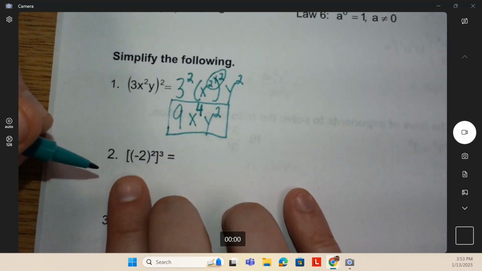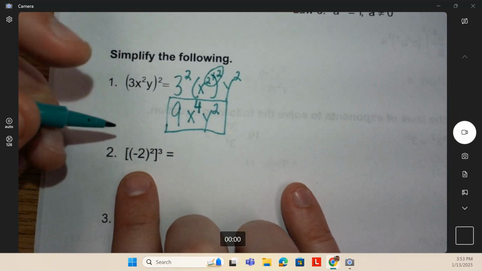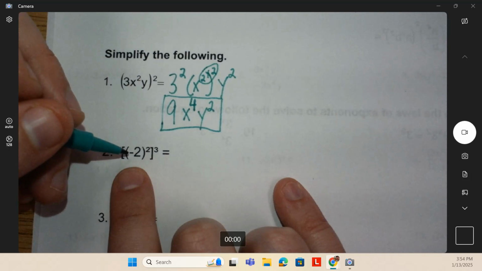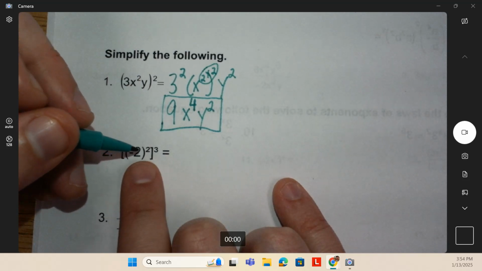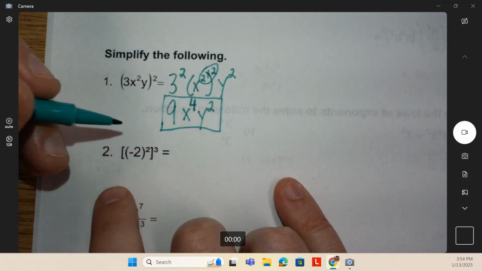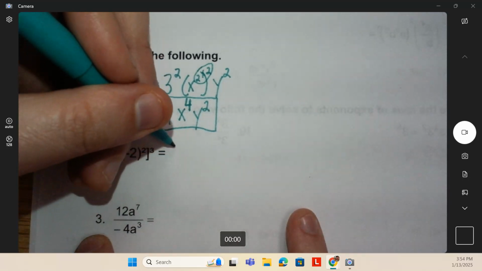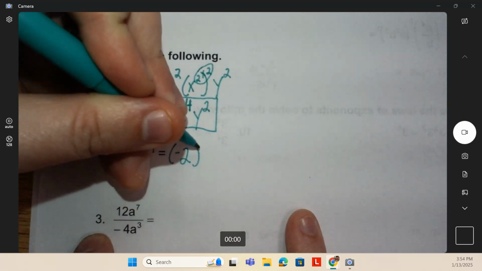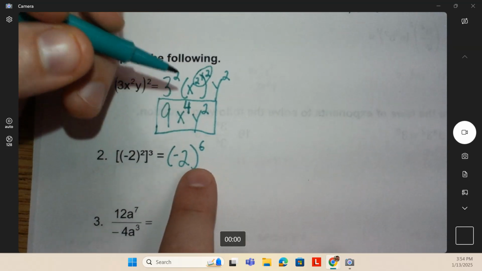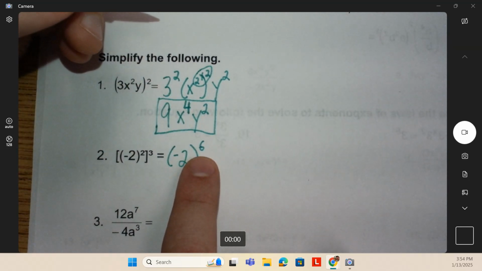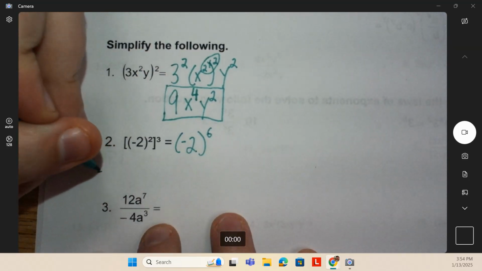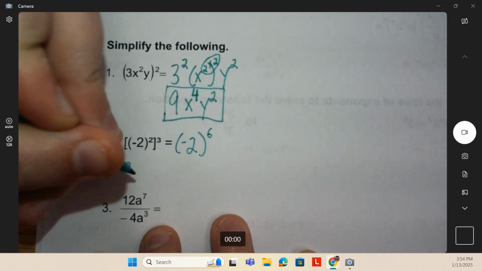Okay, next I've got one with a number I can actually work with, but let's look at that power rule. I've got negative 2 to the second power, then up to the third power. So what I could go ahead and do is multiply those two together and get this as negative 2 to the sixth power. Now since this is an even number, it's like I'm doing negative 2 multiplied together 6 times.